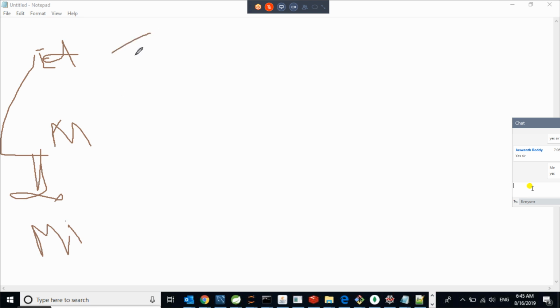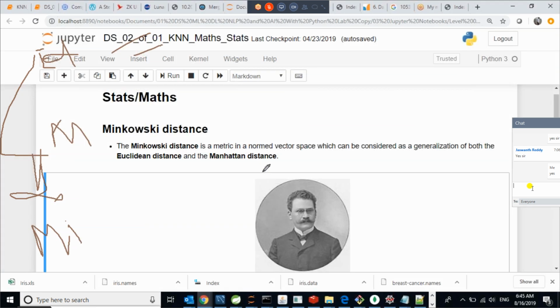So for Euclidean distance, there is one general formula you can see here.